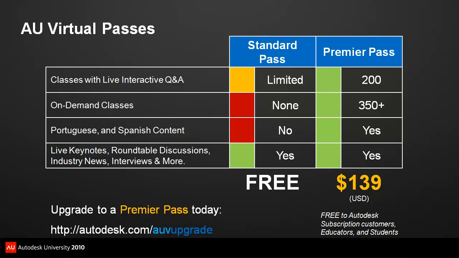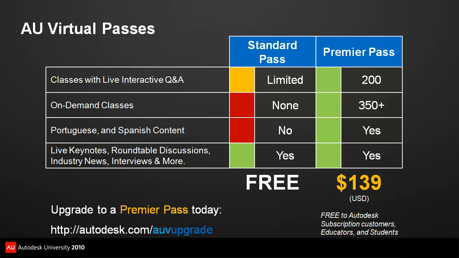So once again, for just $139 US, you get access to over 550 classes, 200 of which include live Q&A during the conference, exclusive access to both Portuguese and Spanish content, along with everything included in the Standard Pass, such as a front row seat to industry keynotes and more.